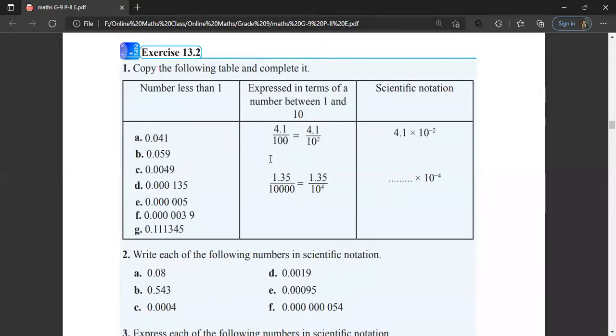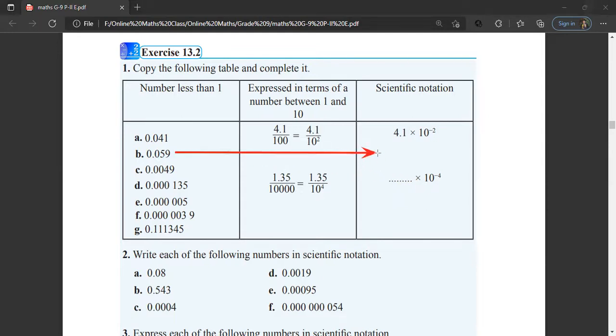Then 13.2. Copy the following table and complete. How to write the steps? No need to give me the middle steps. You can go through directly, because it's very complex to read that one.